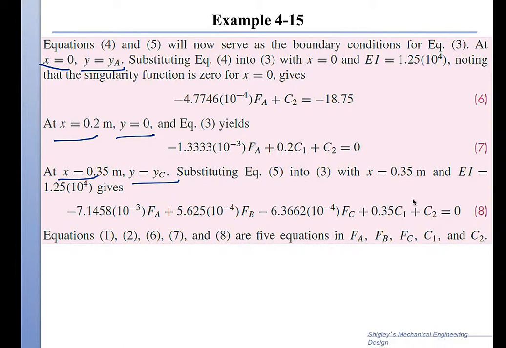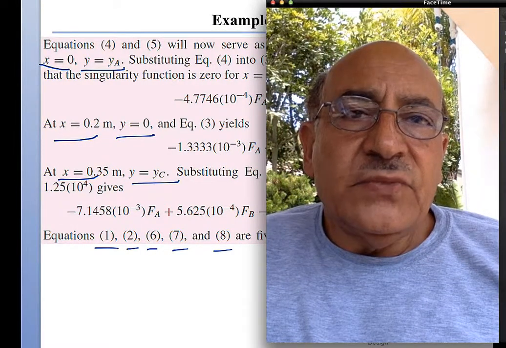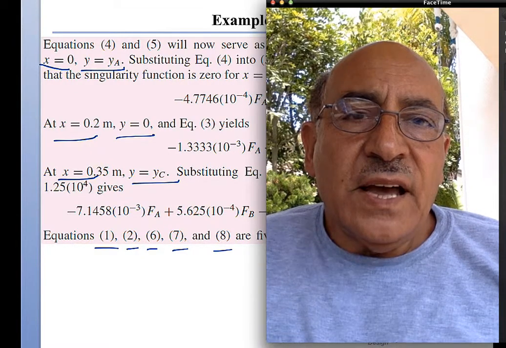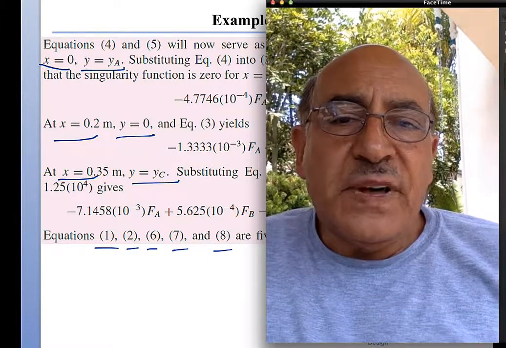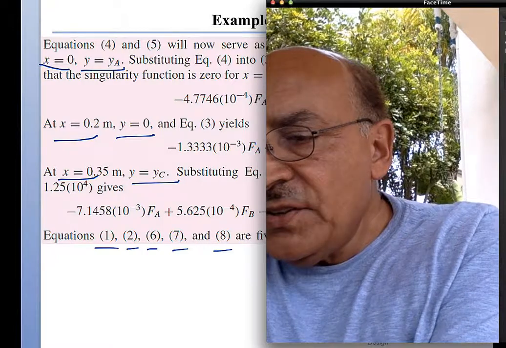So now I have equations 1 and 2 from equilibrium, and 6, 7, and 8 are the compatibility conditions, or you can call them known displacements. And then we have a system now: 5 equations and 5 unknowns. I can just make a matrix, go to MATLAB, and solve the 5 equations in 5 unknowns.